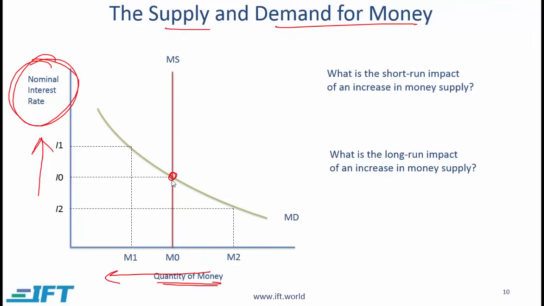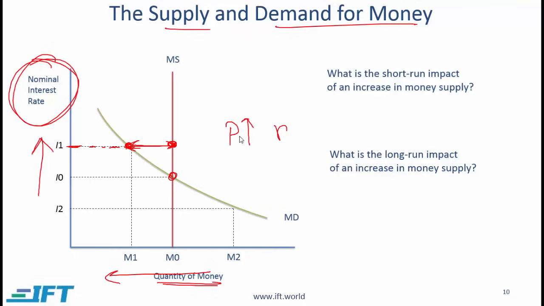And to understand this a little better, let's say that the interest rate is set at this high level of I1, then the supply of money will outstrip demand. If the supply of money is very high, that means that people will want to invest money. And let's say people invest in bonds. With lots of investors buying bonds, the price of bonds will go up.